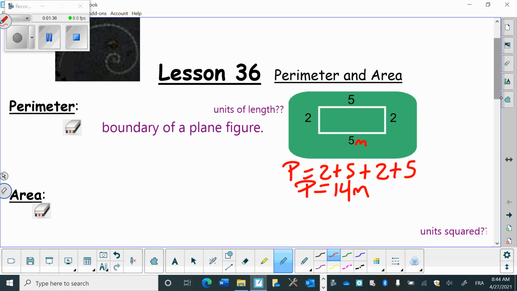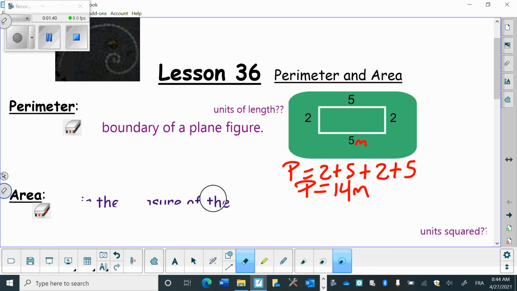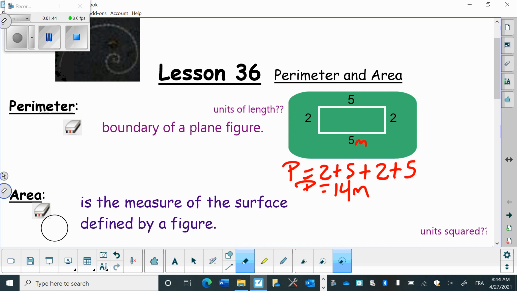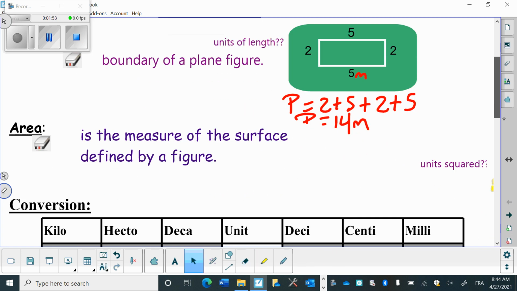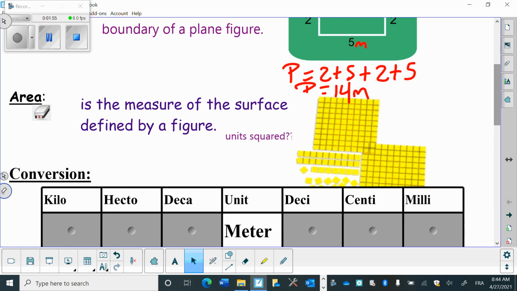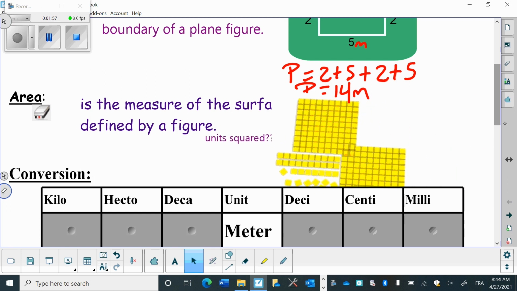When it talks about area, okay, a little different here. You should have your basic formula. Area is the measure of the surface defined by a figure, so in this case it will be units squared. You may have seen these 100 sets in elementary school, the beginning basic concept of doing the area of something.